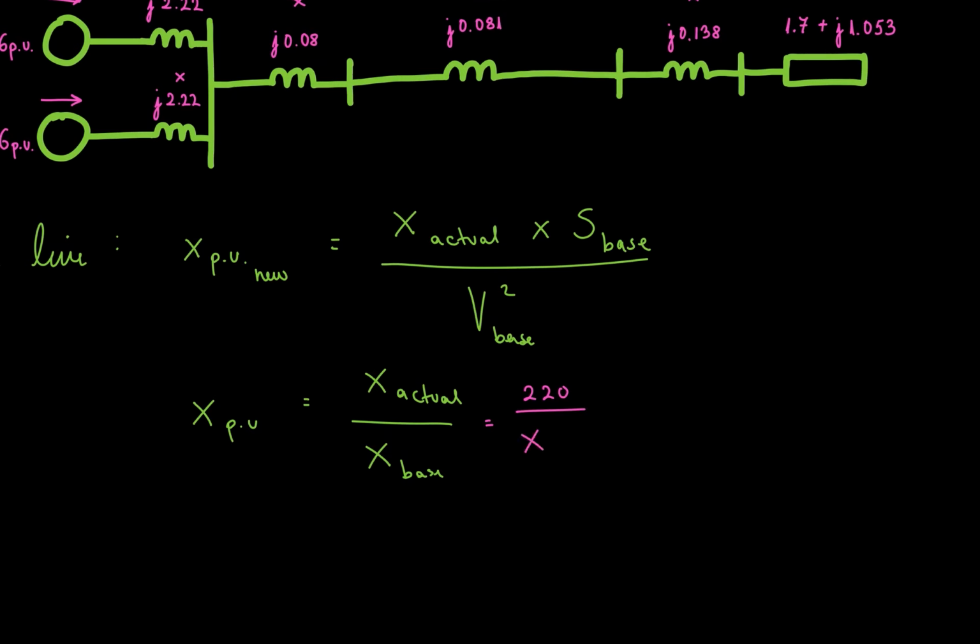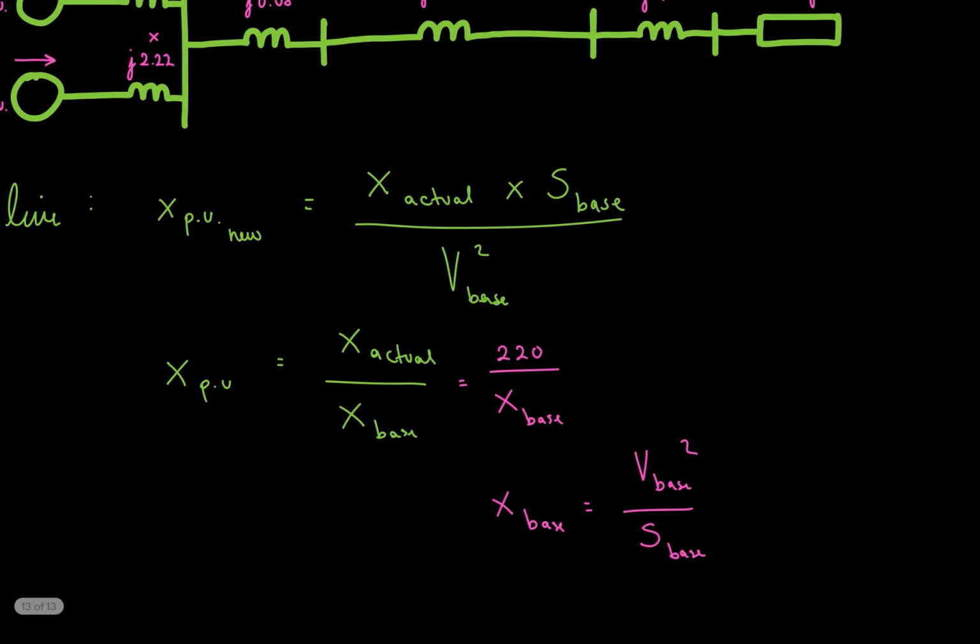But do we know the base for the reactance? No, but we can find it. So X base is the voltage of the base squared over the S base. Very useful formula once again.